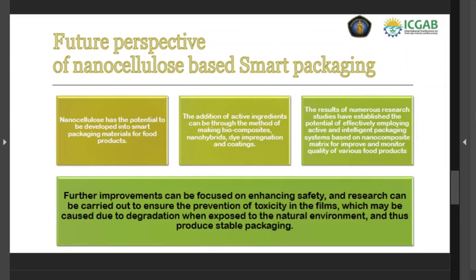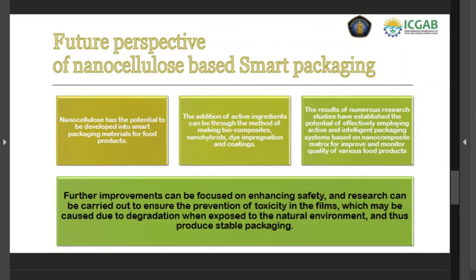The addition of active ingredients can be through the method of making biocomposite, nanohybrid, impregnation, and coating. To improve the physical, mechanical, moisture and gas barrier, antimicrobial, antioxidant, and anti-UV property of nanocellulose, it can be combined with other materials through several methods.